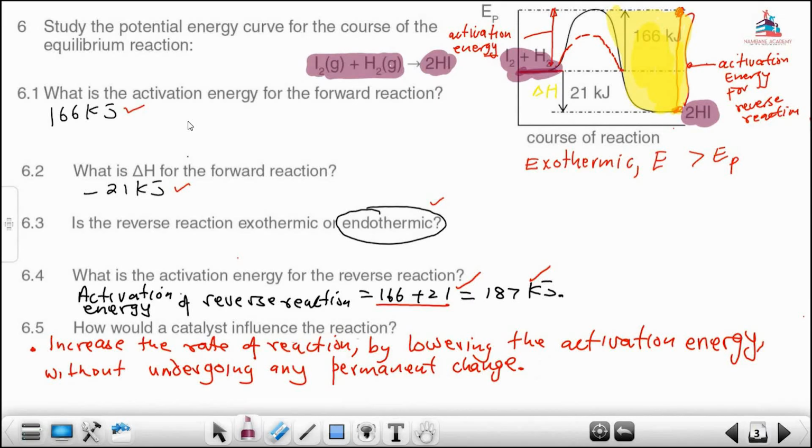So hence I can easily know which part in the graph represents the energy of the reactants or of the product. Okay, I see, sir. Thank you very much. Thank you, Ntate. So with that being said, let's move to this one.